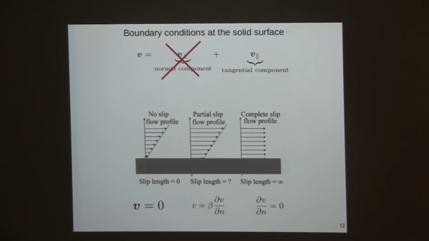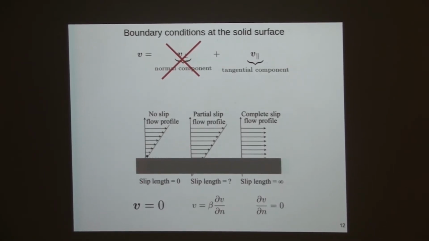If the tangential component is 0, it means that all the velocity is 0 at the solid surface, and we call this condition no-slip condition. So in most of the cases, we use the no-slip boundary condition for liquid. For gas, it can be something different.